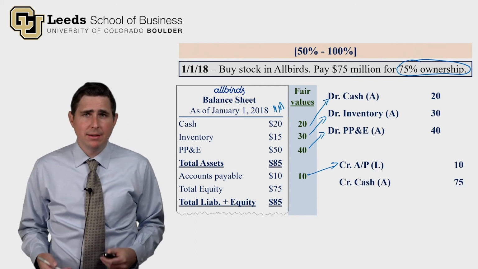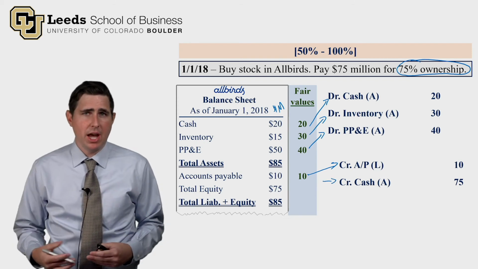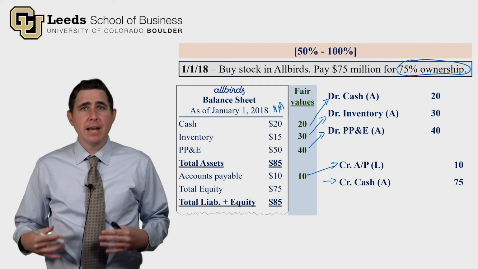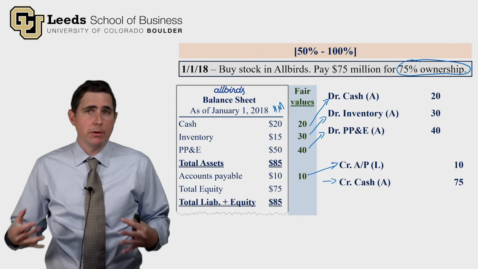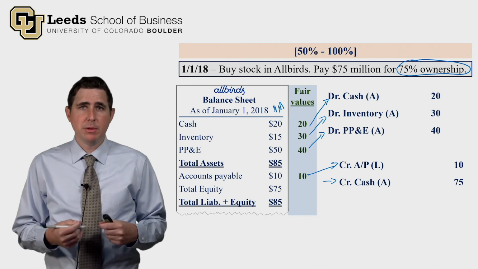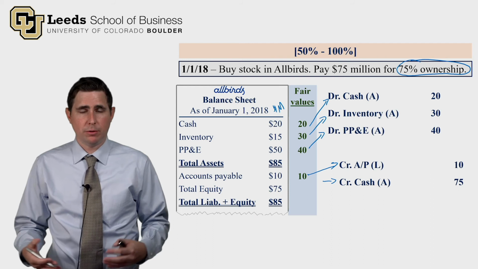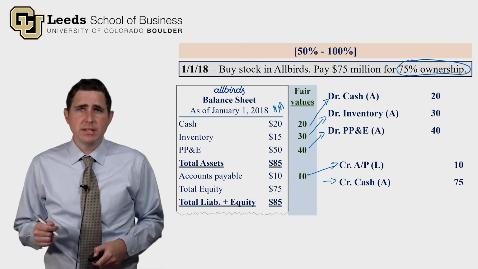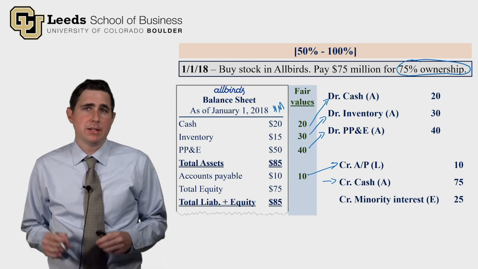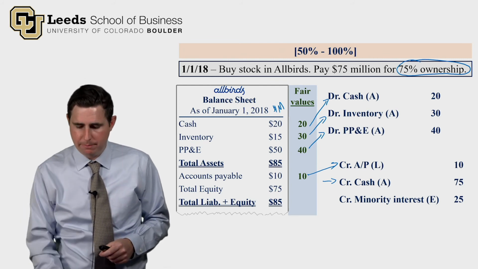So we paid $75 million in this acquisition. That's how much cash we paid. But the implied company value is $100 million in total, right? If we acquire 75% for $75 million, the company must be worth $100 million in total. So the missing 25% is called a minority interest in those assets and liabilities that we acquired.